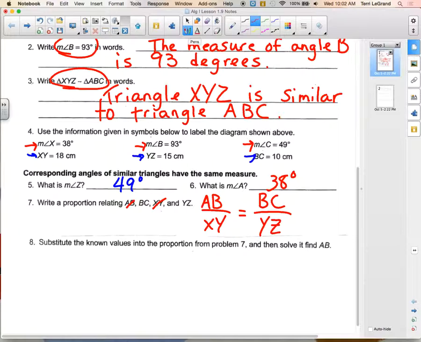Now again, this is not the only correct way to set up a proportion model for this. Anybody think they know another one? John? AB over BC is equal to XY over YZ. Okay. That one would work also. Are there any others that would work?